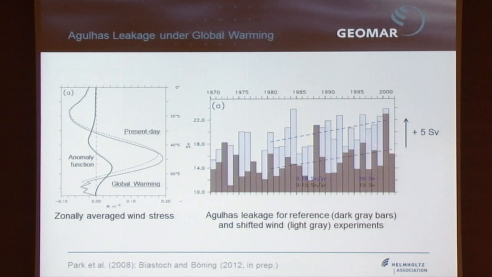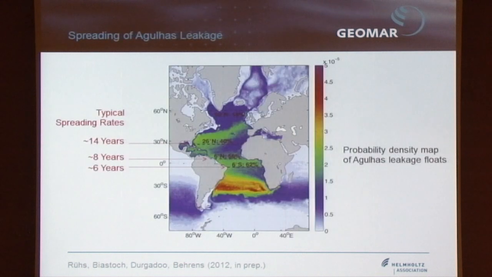A different state with a massively increased Agulhas leakage by up to 5 sverdrups, which tells us that climate models more or less predict, if they could, in terms of resolving the Agulhas current, that they would predict a continuous increase in Agulhas leakage.